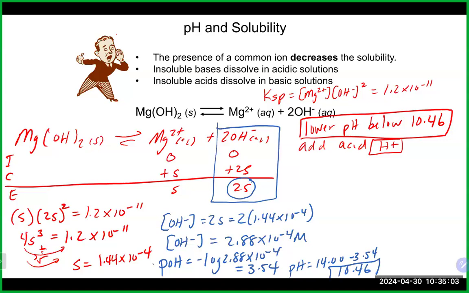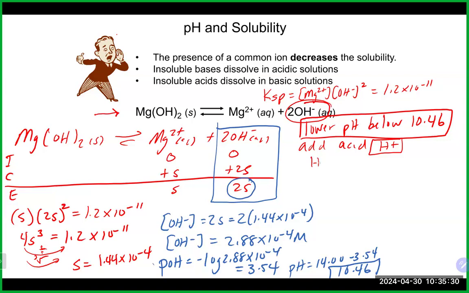And if I added H plus to this equilibrium here, what would happen? Is there any H plus in that equilibrium? There is not, right? There's no H plus, H3O plus. Is there anything that H plus would react with in that equilibrium? H plus and OH minus make water.